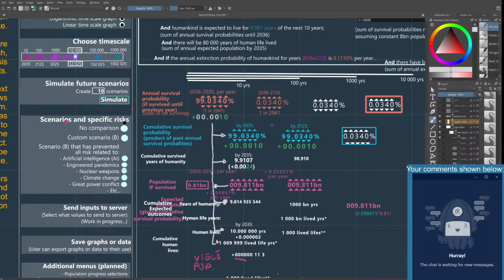Something like this. And then we would have this arrow here and here. Maybe, I don't know. What if this was kind of an indicator?